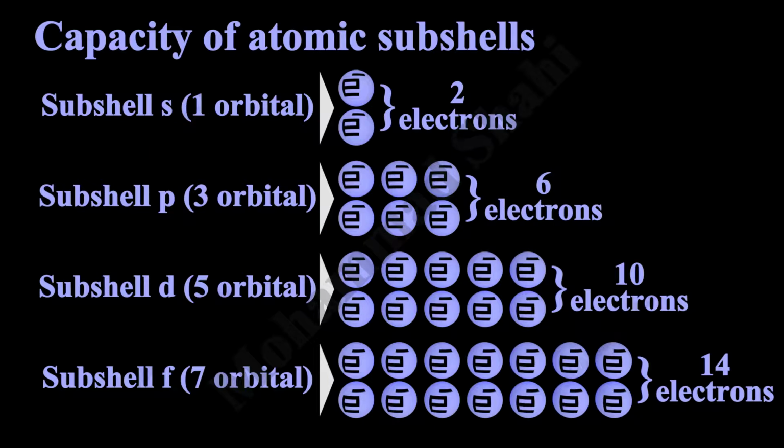The complete filling of each p subshell is associated with 6 elements. The complete filling of each d subshell is associated with 10 elements. And the complete filling of each f subshell is associated with 14 elements.